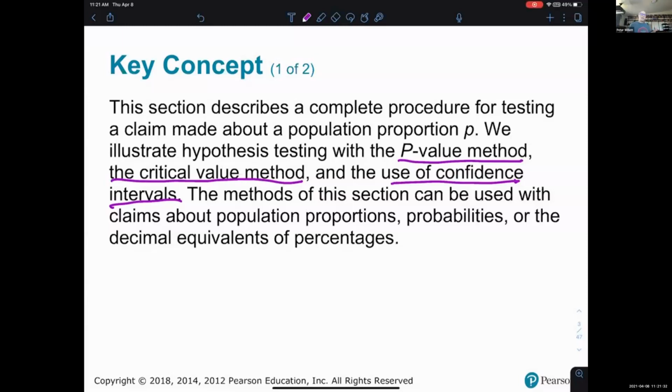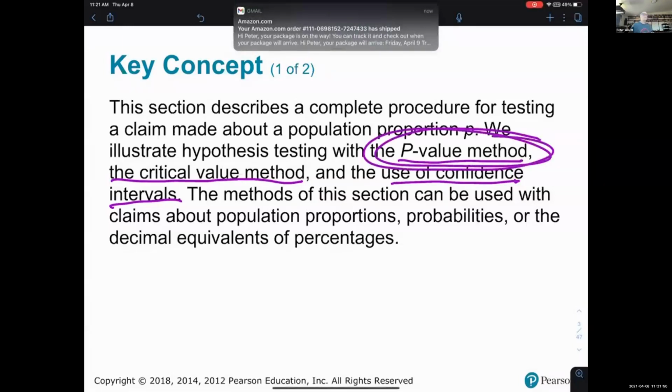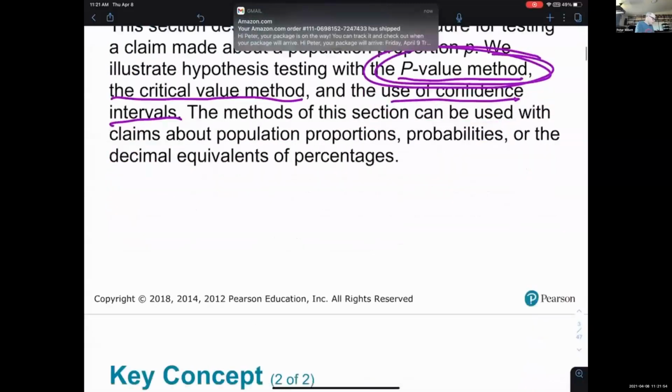But now that we're looking at 8.2, I think the P-value method will work for most of our work in this section. So I'm going to emphasize that in order to better prepare and more properly reflect the expectations of the students. Having said that, my focus being on the P-value method, let's see what the second slide of the key concept is.